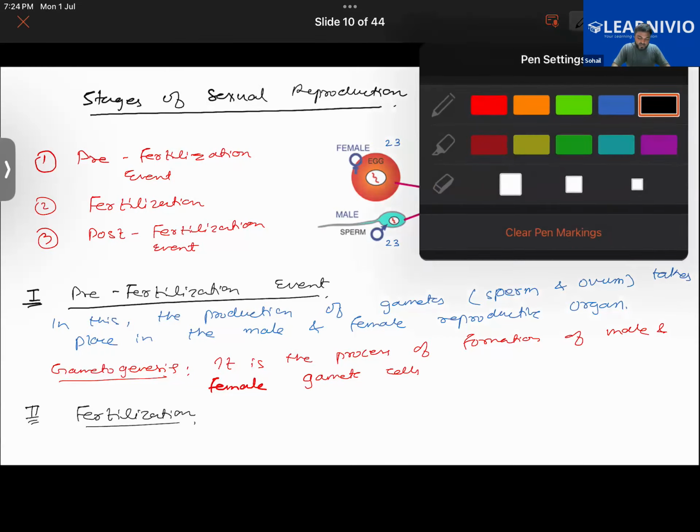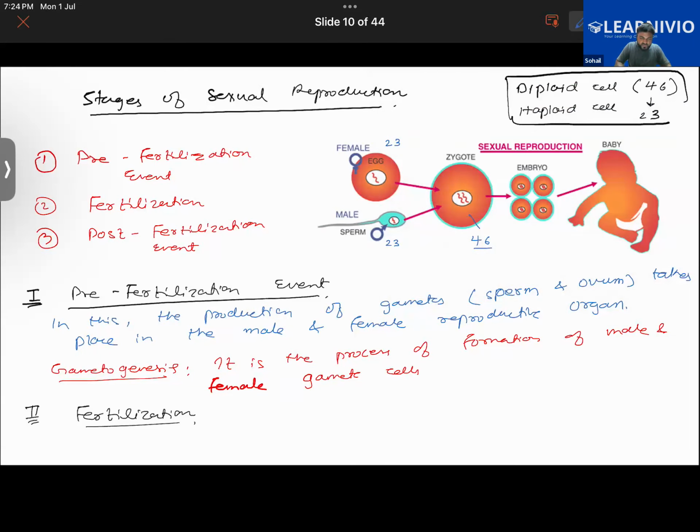Now, talking about the definition. Fertilization is the process when a haploid male gamete cell, can I say haploid male gamete cell? Yes, we can say that. Everyone understanding this term? Haploid male gamete cell, basically we are referring to the sperm cell.